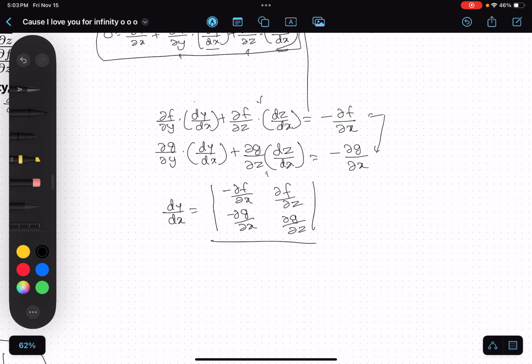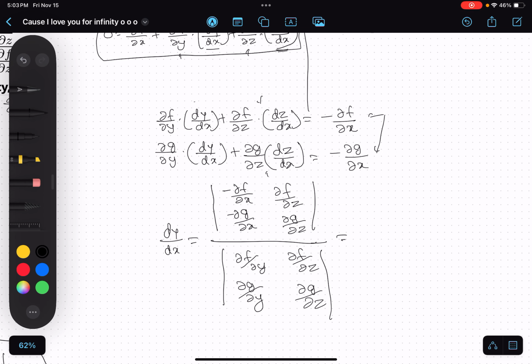I call this z, I don't know why, because I actually learned it from YouTube, some American guys say that, and I learned it. And over here, this will just be partial f by partial y, partial z by partial y, partial f by partial z, partial z by partial z. Okay, now if I do the determinant, I will get the answer.